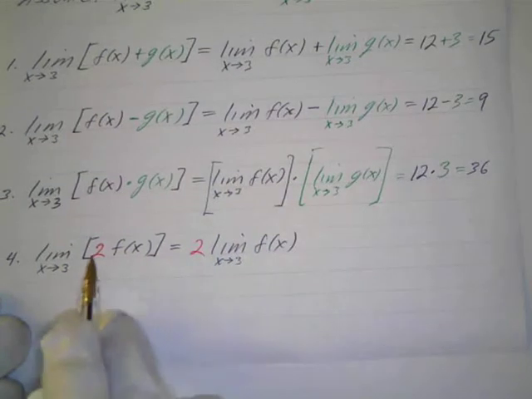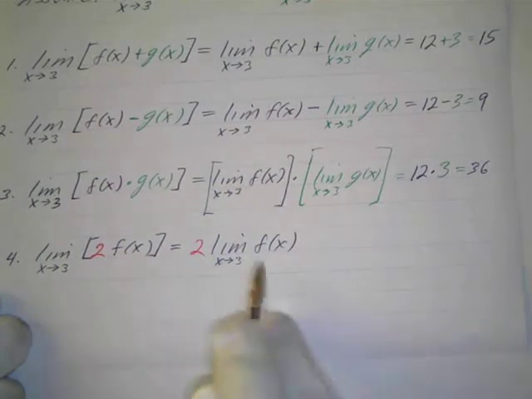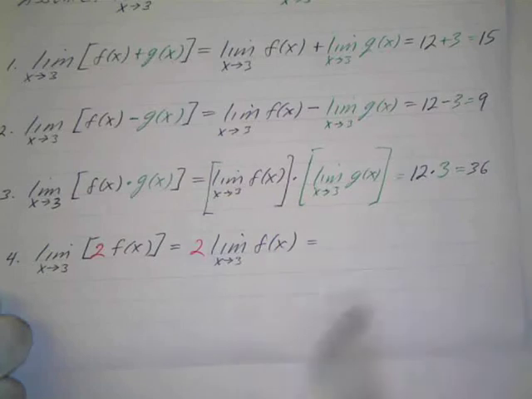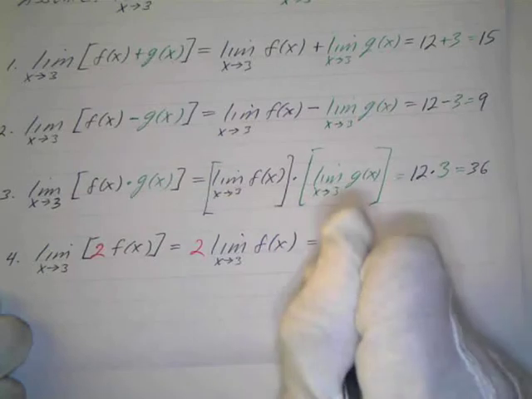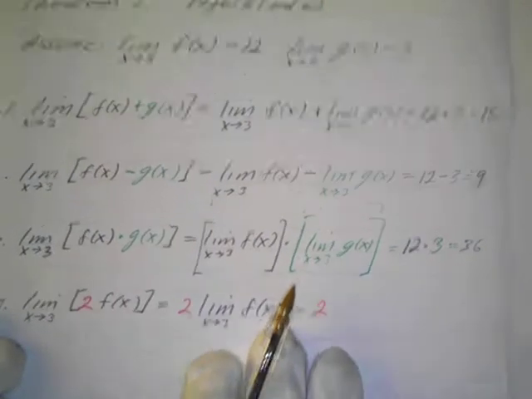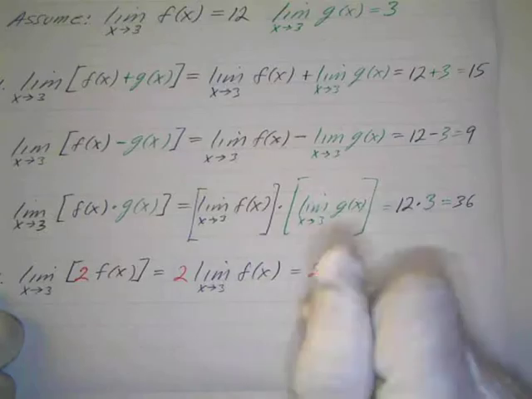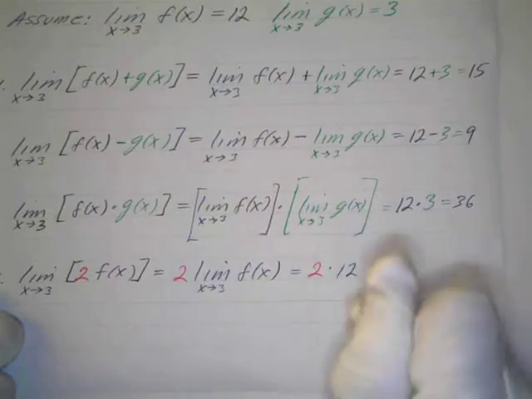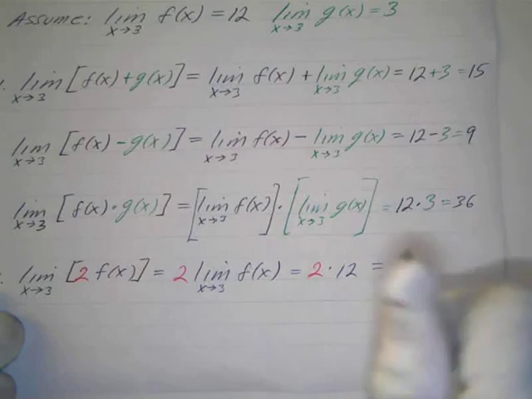Okay, so the limit of a constant times the function is the constant times the limit of the function. And that's going to be 2, and what's this limit over here? Well, we got this up here somewhere, yeah, 12, times 12, and that's going to be 24.